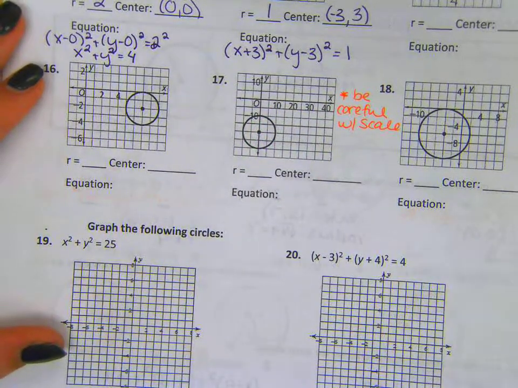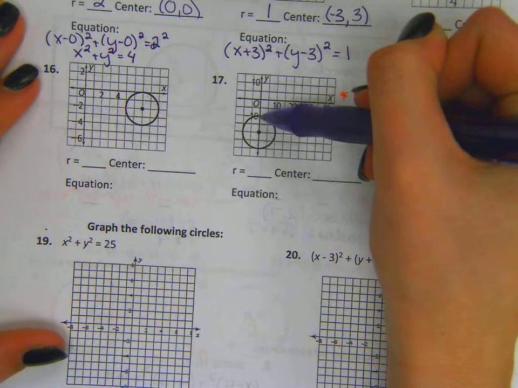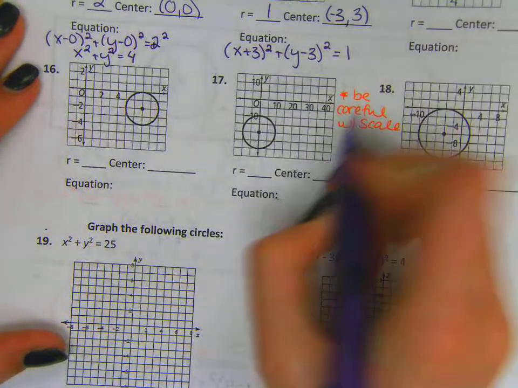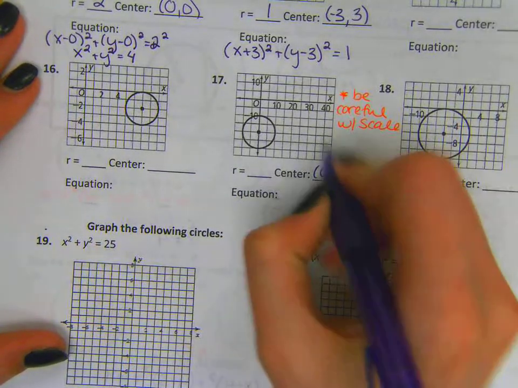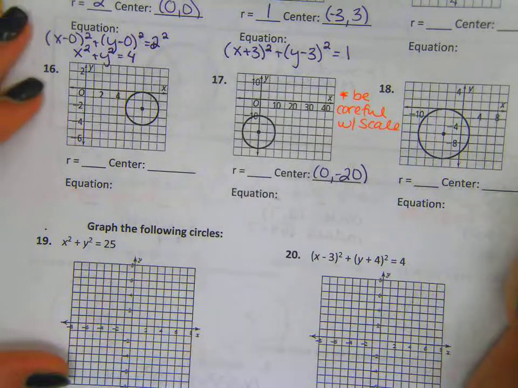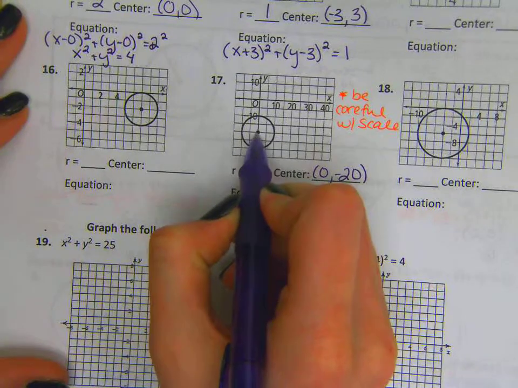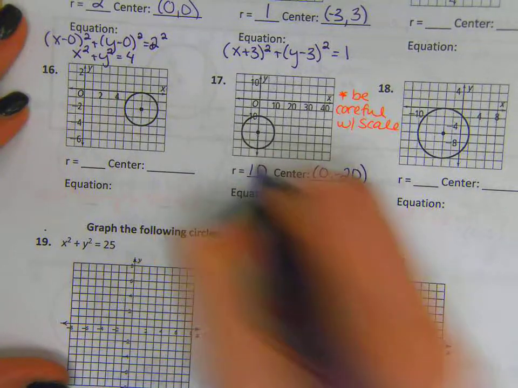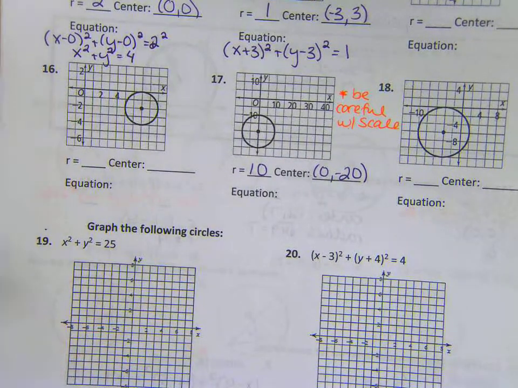So instead of having our center be 0, negative 4, our center is actually 0, negative 20. And our radius, instead of being 2, is actually 5, 10. Our radius is 10.